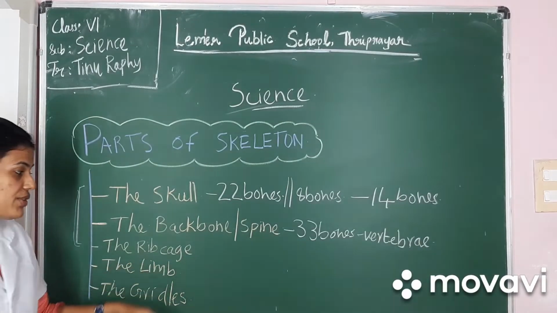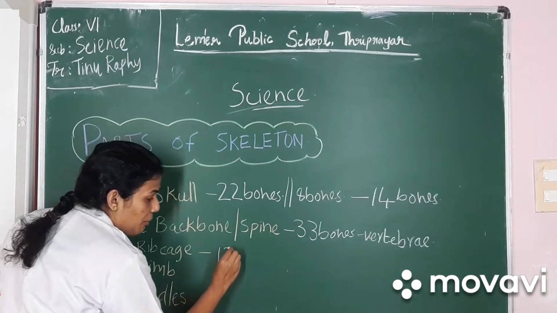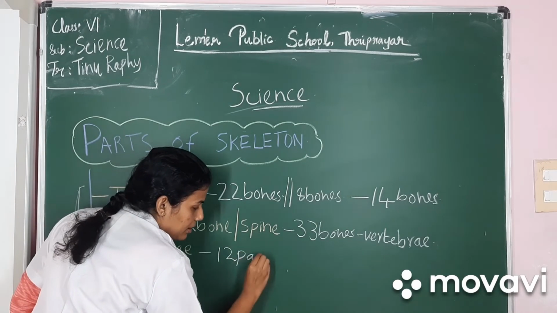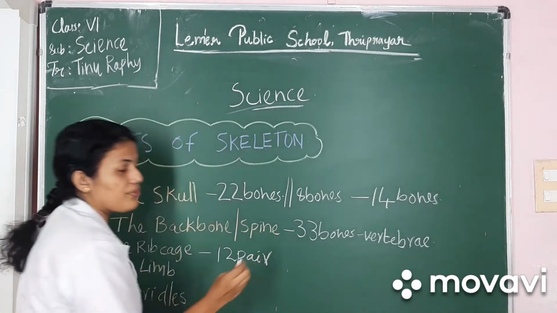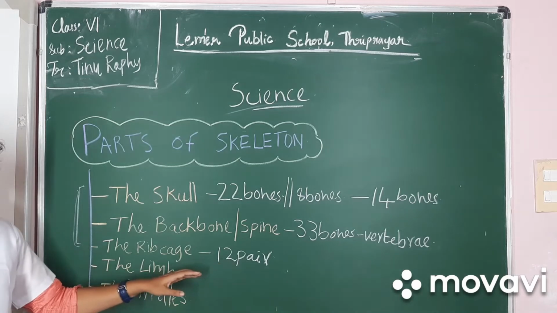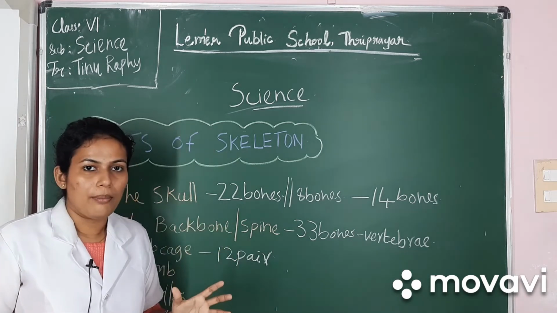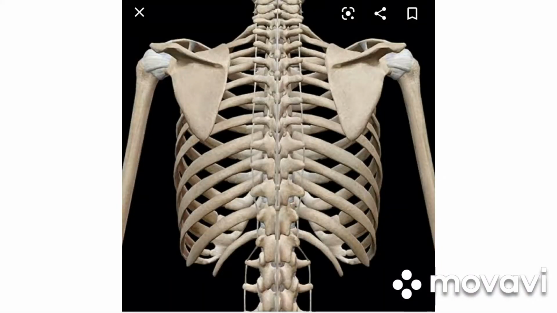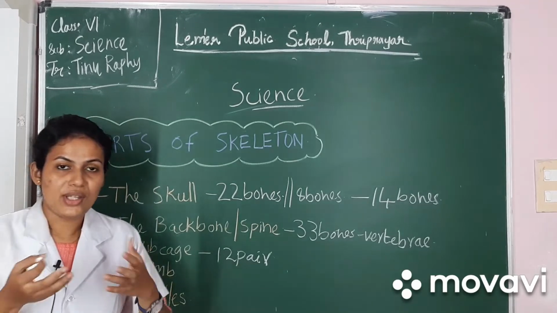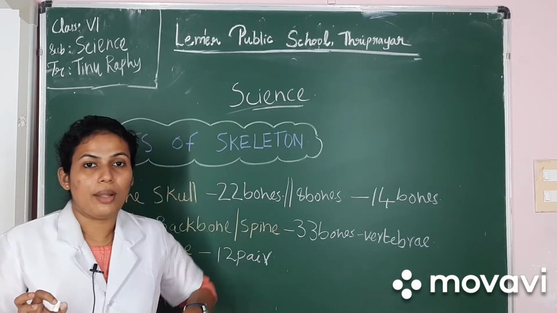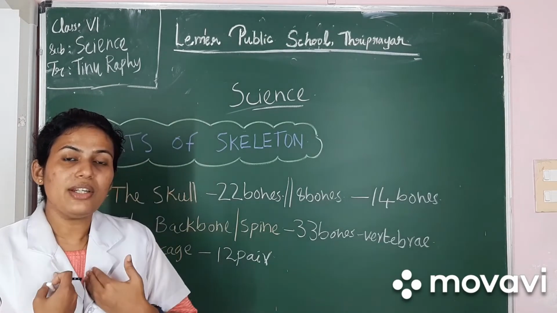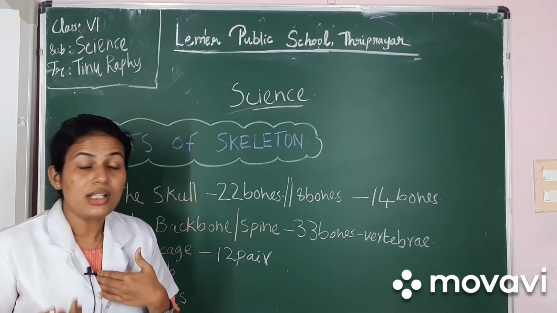Now the rib cage consists of 12 pairs of bones, and these bones are connected to the vertebral column or the backbone. So these 12 pairs of bones are joined to the vertebral column at the back, and in the front region these are joined to the sternum.